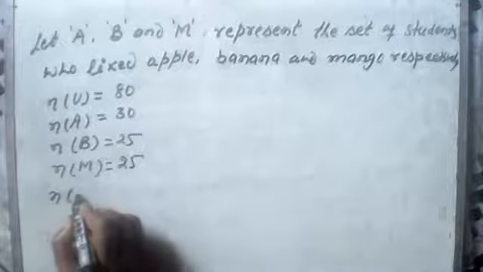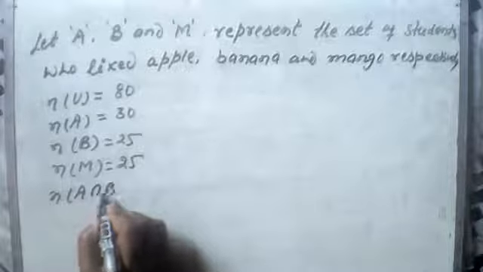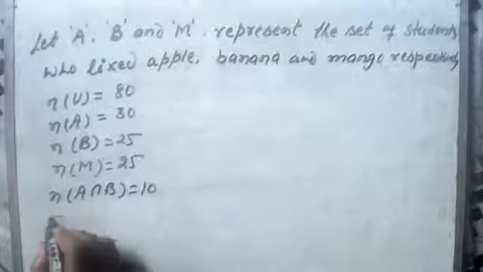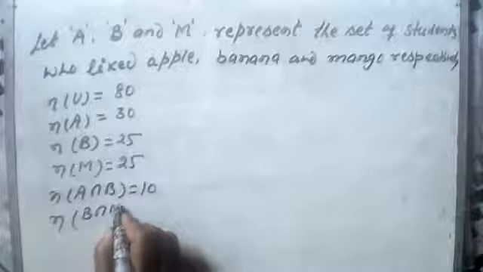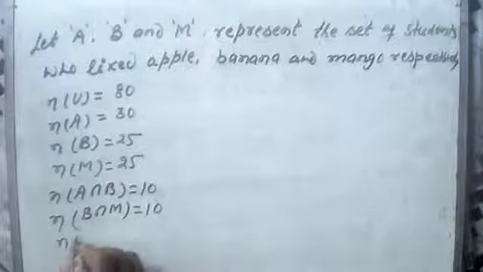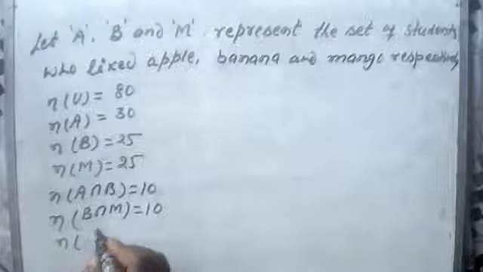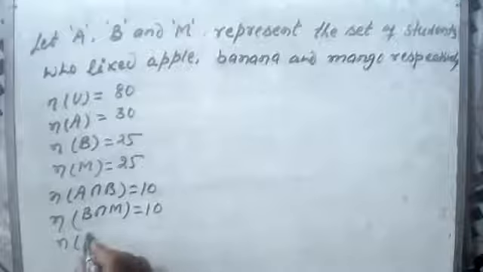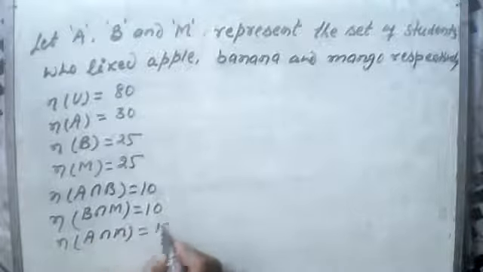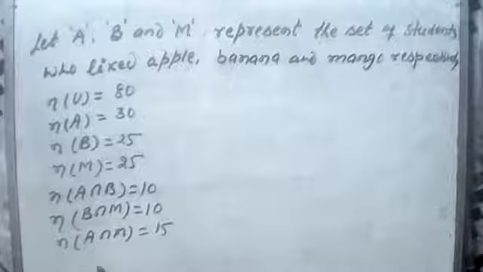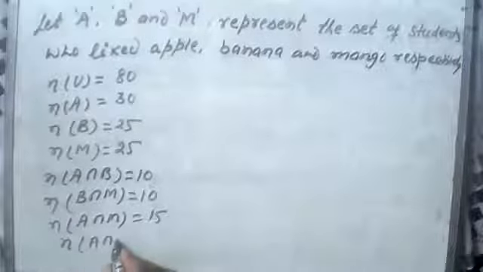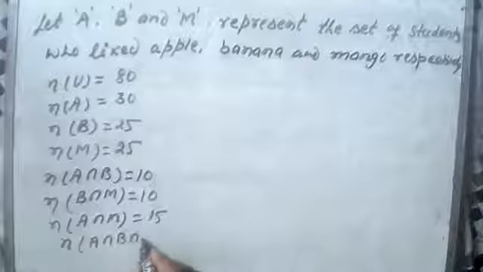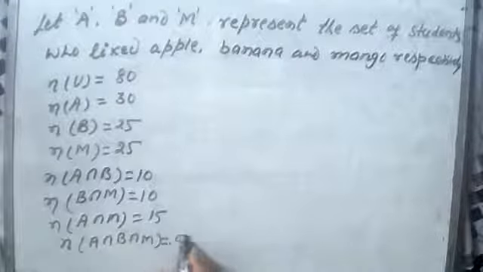Now go for the intersection. 10 liked apple and banana, so N(A intersection B) is 10. 10 like banana and mangoes, and B intersection M is also 10, and then 15 like apple and mangoes, so A intersection M is equal to 15, and 5 liked all of the 3 fruits, and A intersection B intersection M is 5.